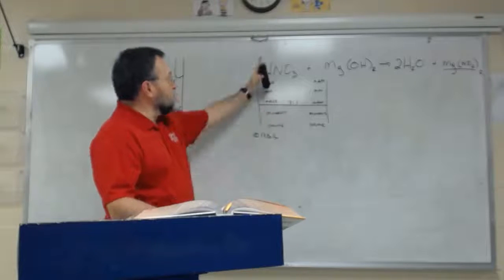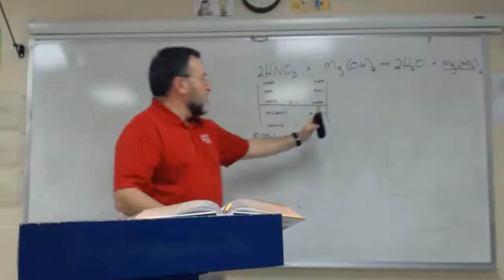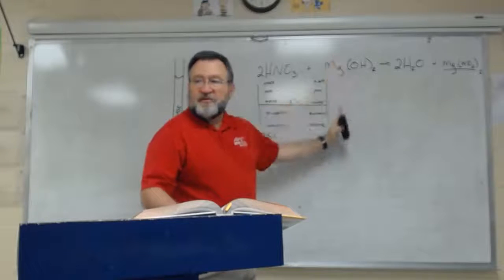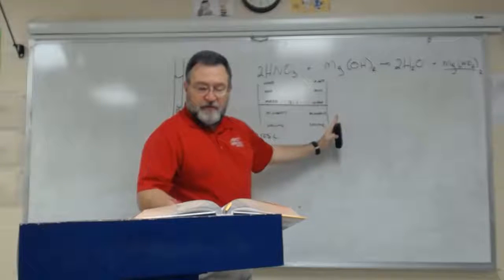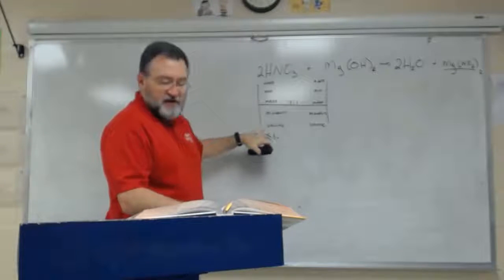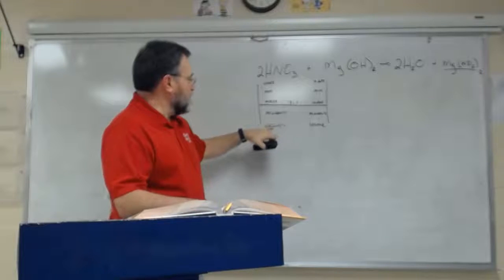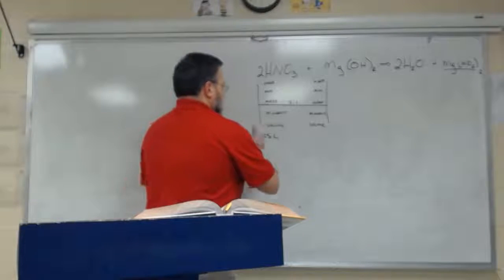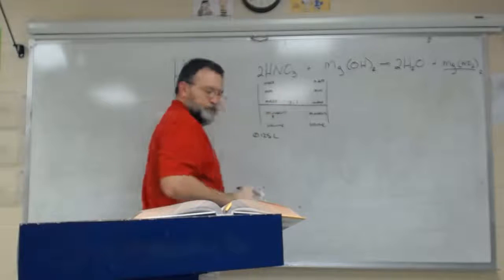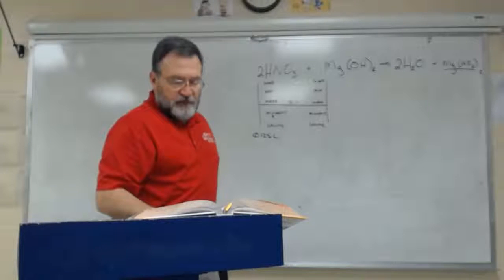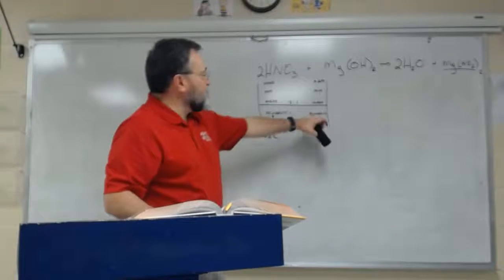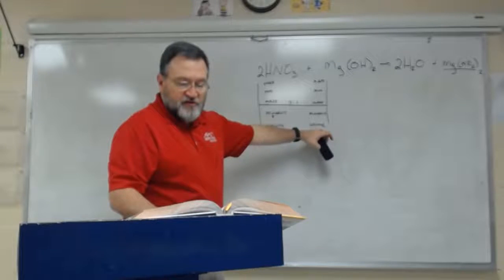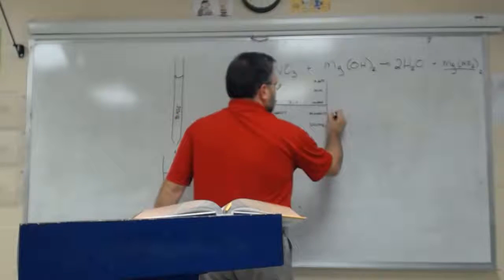So all the information down here deals with the nitric acid, and all the information down here deals with the magnesium hydroxide. 125 milliliters of nitric acid with an unknown concentration. Molarity is don't know. Is titrated against magnesium hydroxide with a concentration of 2.3 molar.